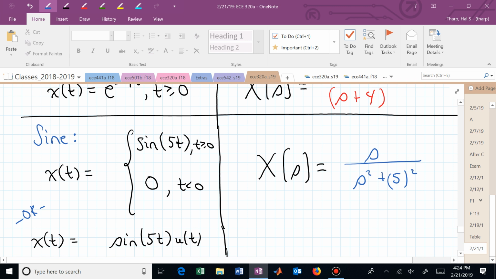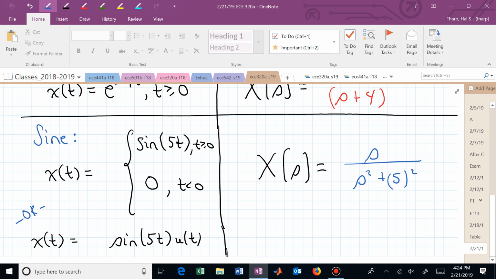How many are in agreement on that? You disagree? Why do you disagree? So this is the Laplace transform of what? That's the cosine. It is a sinusoid at 5 radians per second, but it's a cosine.